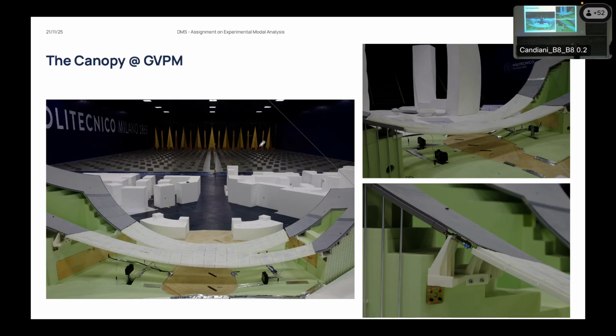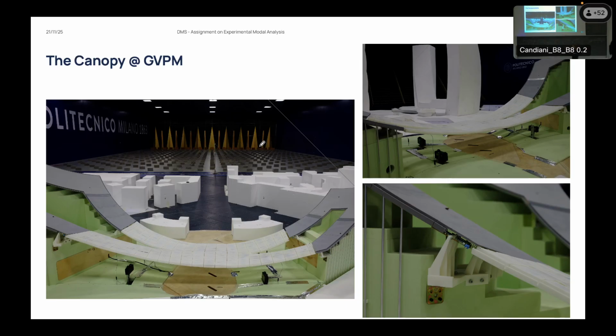So everything in this model is scaled, and if we want to scale the behavior in terms of response, now you know that we need to take care of the scaled mass and the scaled frequency. And so the scaled natural frequencies you are getting from the scaled mass and scaled stiffness, and so you are getting the scaled frequencies for the structure. So everything is supposed to behave like the real structure, but in a scaled way.